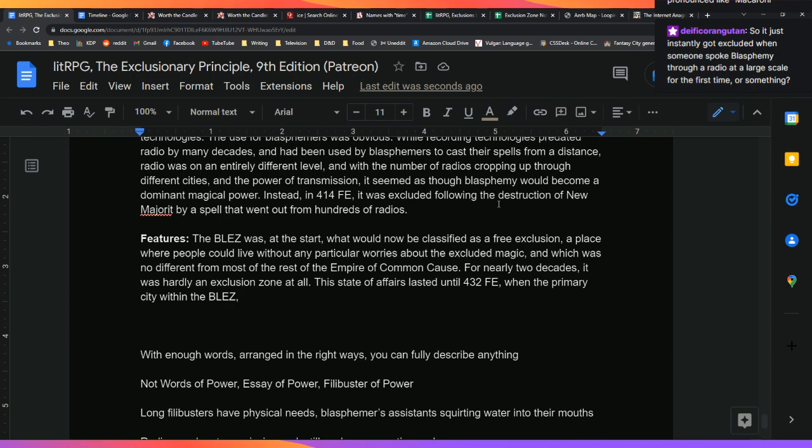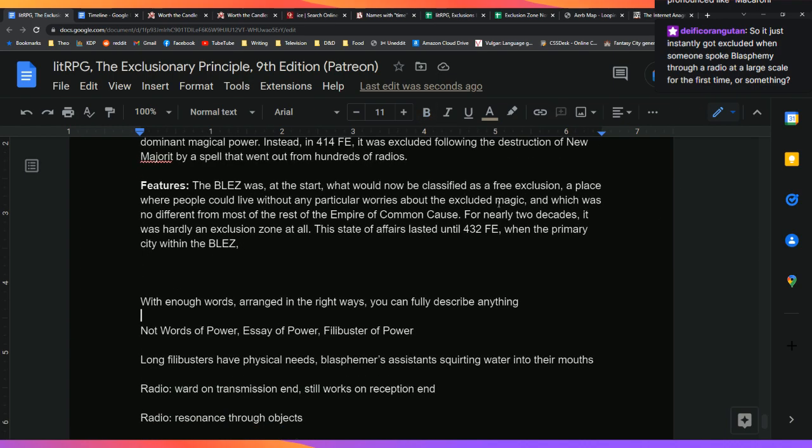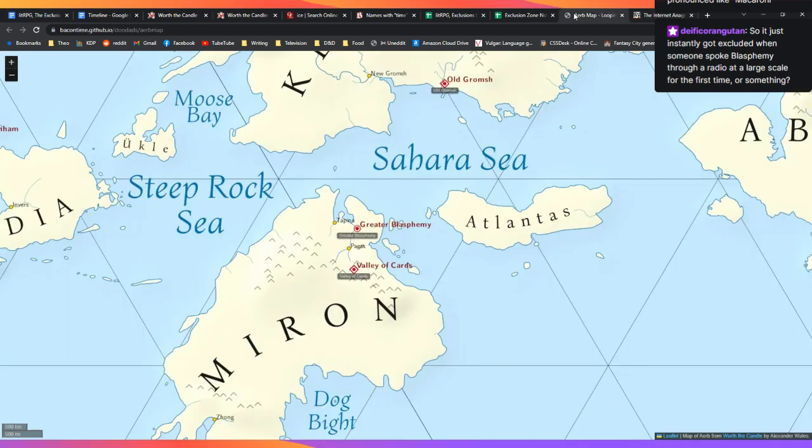I think that's a good addition here that clarifies and adds an example. Do we have like a map?